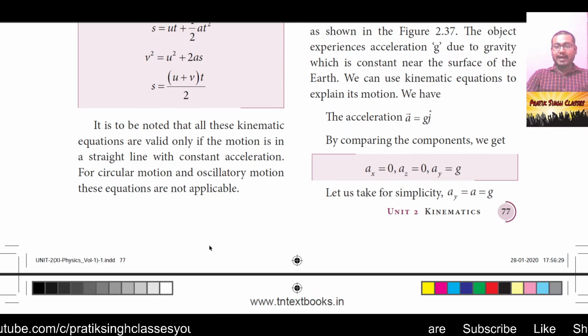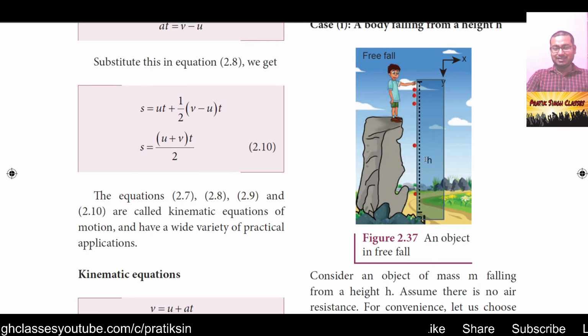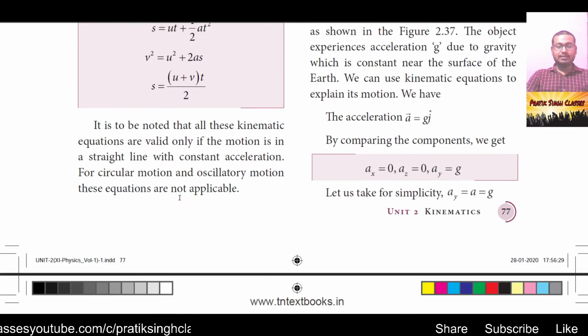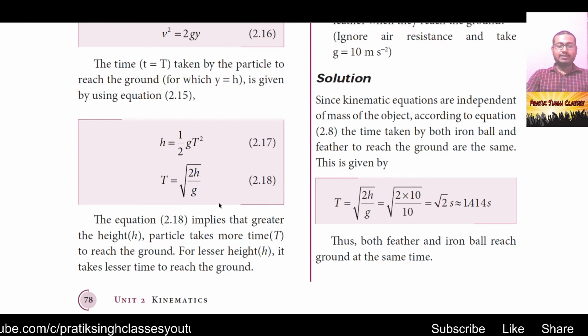That means the time taken by this ball to go from the boy's hand to the ground is given by capital T is equal to root 2h by g.